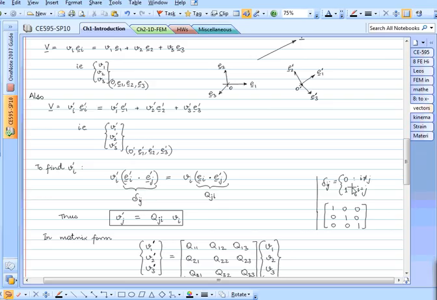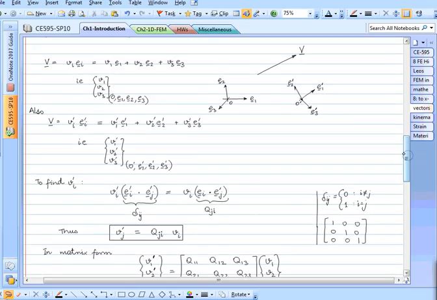Delta ij has the values 0 and 1, and you can represent delta ij as this identity matrix. So if you take an identity matrix, multiply it with a vector, you are going to get the same vector. And on the right hand side, what you have is ei dotted with ej prime. So what does that mean? That is a product. Let's say, for example, you have e1 and you dot it with e1 prime.